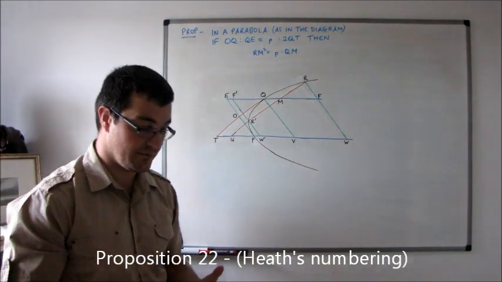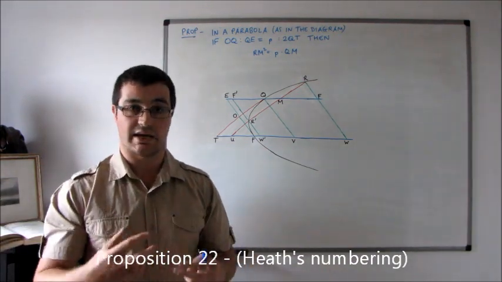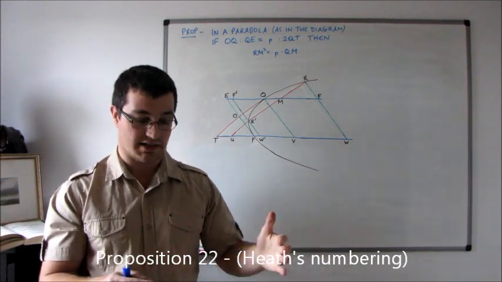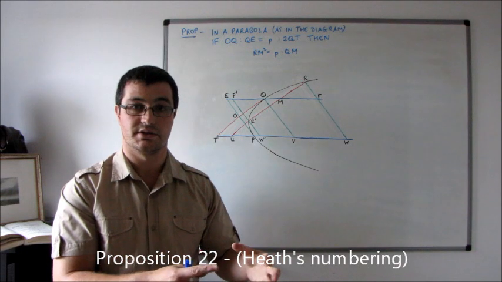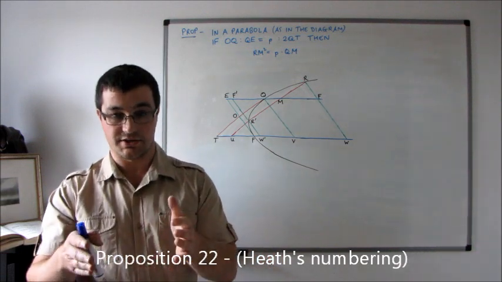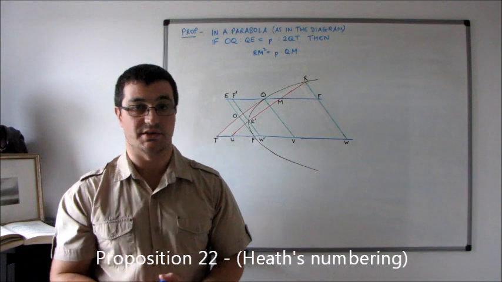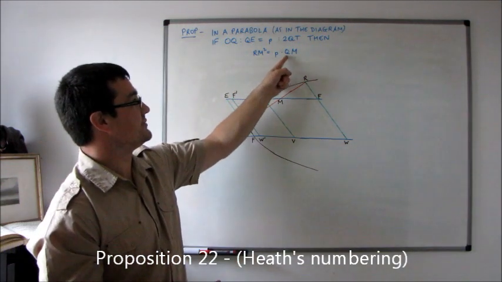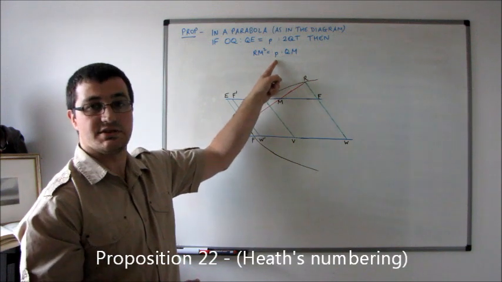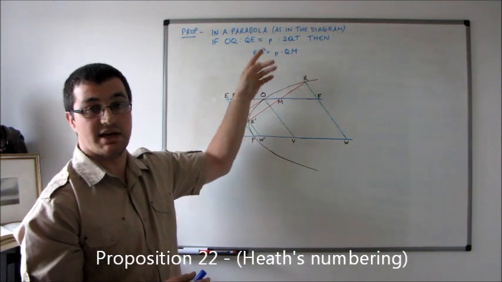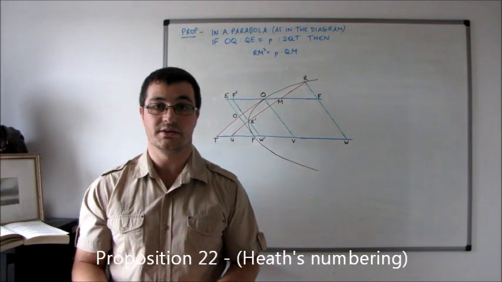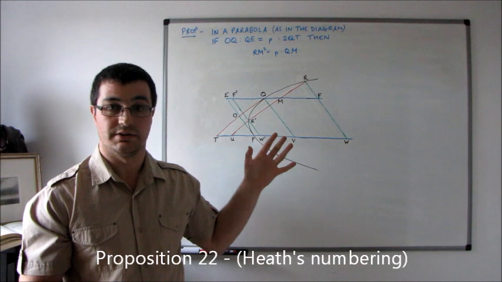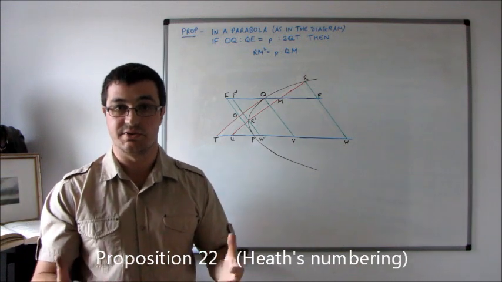Now, if you remember, for a parabola, the characteristic defining relationship is that the square on the ordinate is equal to the abscissa multiplied by the parameter. Well, that's what we've got here. We've got the square on the ordinate is equal to the abscissa multiplied by this number p. Well, that means that this lowercase p can only be the parameter of this parabola, because it's unique.